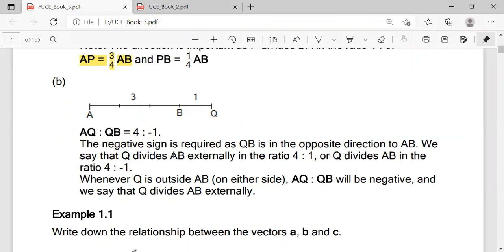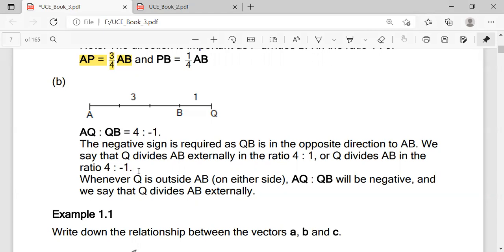Yes. Q divides AB externally in the ratio of 4 to 1. We together? Yes, teacher. Or Q divides AB in the ratio of 4 to -1.